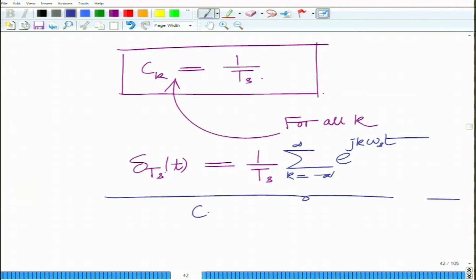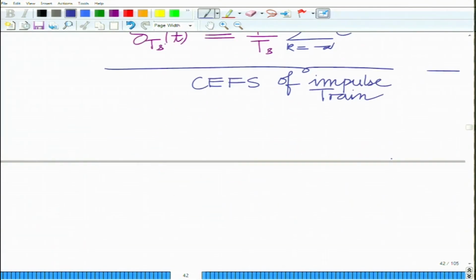This is the complex exponential Fourier series of the impulse train.